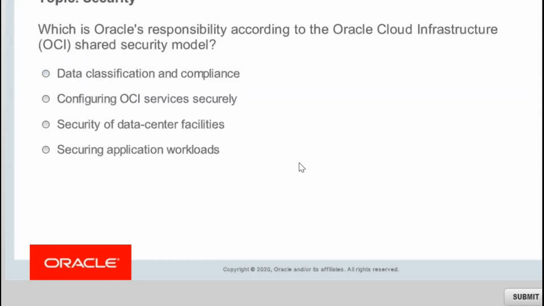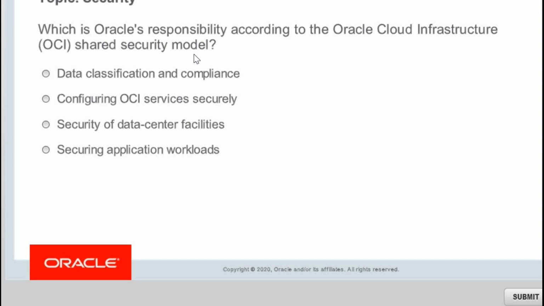So I press continue. Which is Oracle's responsibility according to the OCI shared security model? If the cloud is basically managed by Oracle, they have complete control of the data center. In a shared security model, many tenancies are running in Oracle Cloud.